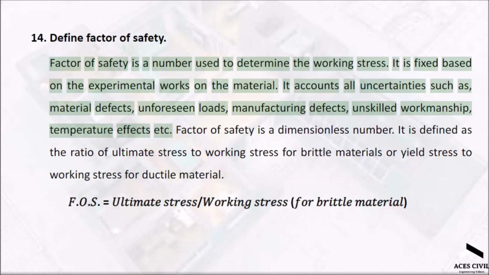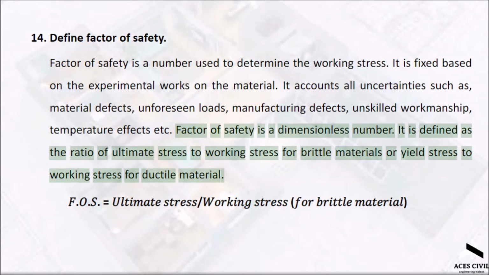It accounts for all uncertainties such as material defects, unforeseen loads, manufacturing defects, unskilled workmanship, temperature effects, etc. Factor of safety is a dimensionless number. It is defined as the ratio of ultimate stress to working stress for brittle materials or yield stress to working stress for ductile material.